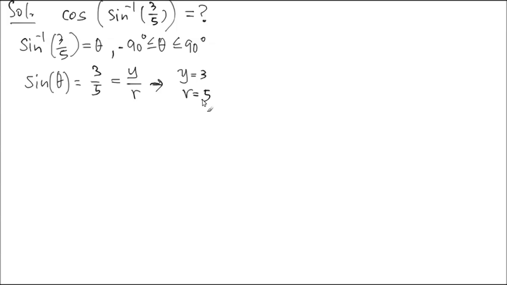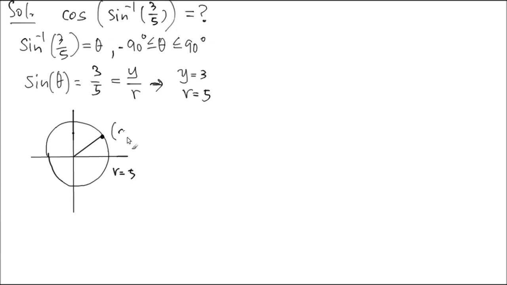Going to the circle, which quadrant is this? First quadrant. So here's radius 5. The y coordinate 3 is somewhere here, I guess, a little low, I think, over here. That's the y coordinate 3, and the x coordinate, we don't know.